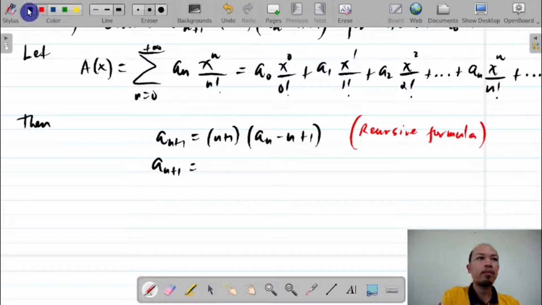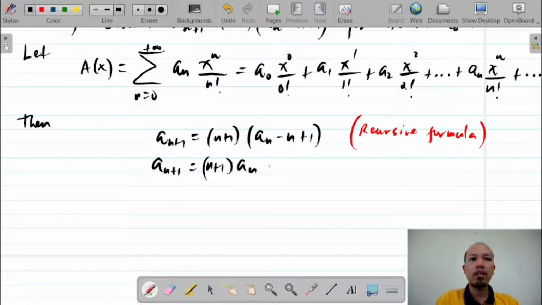Okay, let's multiply n plus 1 a sub n minus. Notice that this one here can be expressed as a sub n minus n plus 1. Okay, and not n plus 1, it's n minus 1. Sorry, n minus 1.